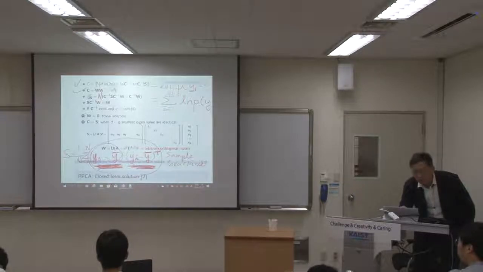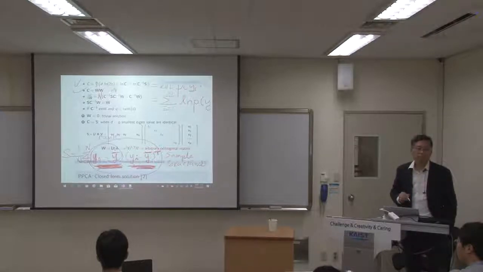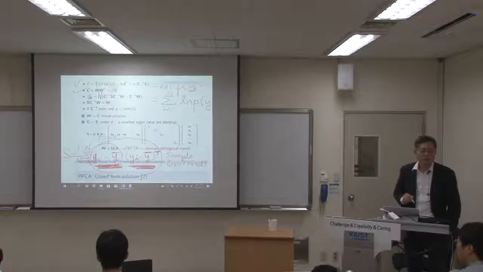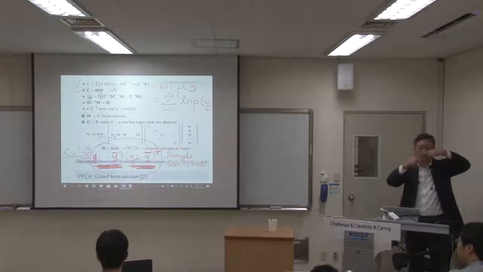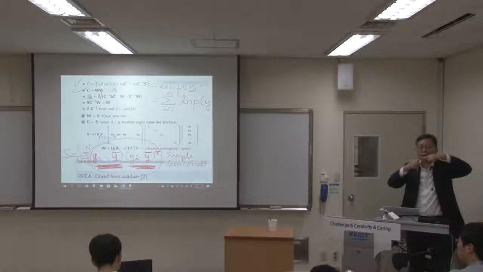What's the rank of this? It's a vector. Then I take the outer dot product. What's the rank of this one? It's rank 1.